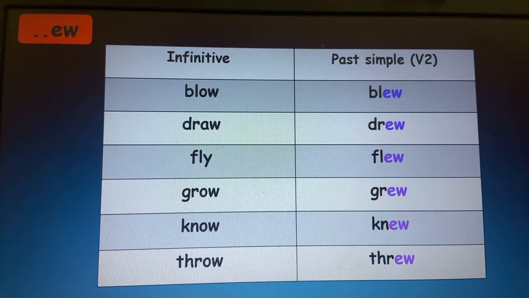Draw, drew. Fly, flew. Grow, grew. Know, knew. Here in this verb know, we don't pronounce the letter K because it is followed by N. When the next letter after the K is N, we don't pronounce the K. That's why we read it know. Know becomes in the past simple knew. Throw, threw.